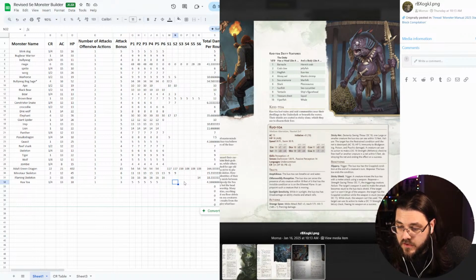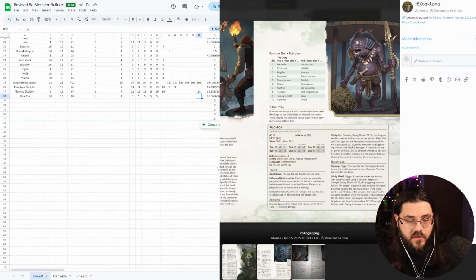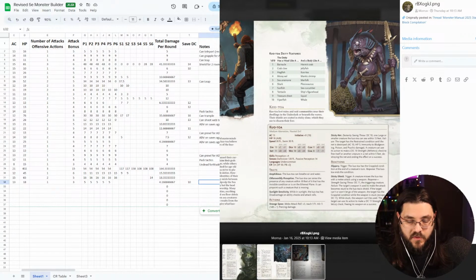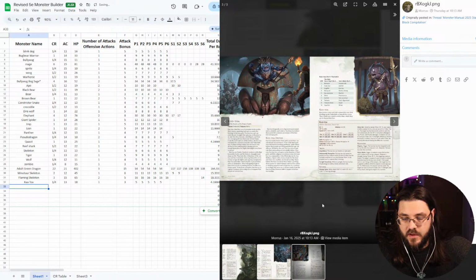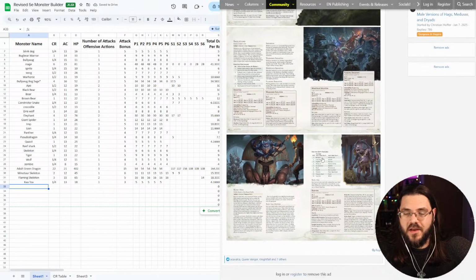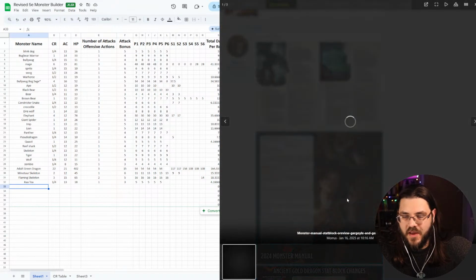Won't let it go. Target is grappled. So a bunch of grappling stuff, which is quite nice. We need to make a note that it's got a bunch of grapple shenanigans, because if it is a statistical outlier, that might explain why. And then we can try and work out whether there's a CR value associated with that.